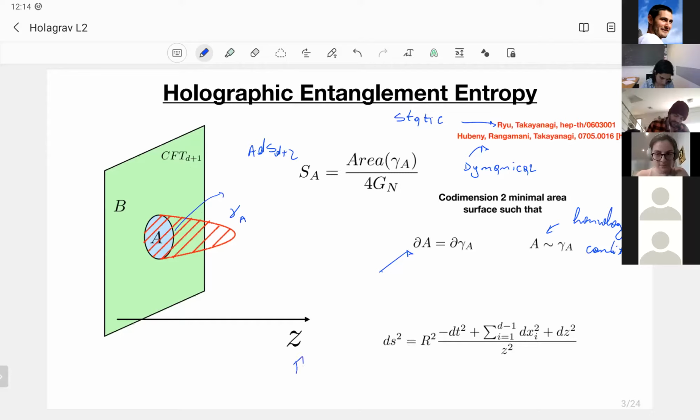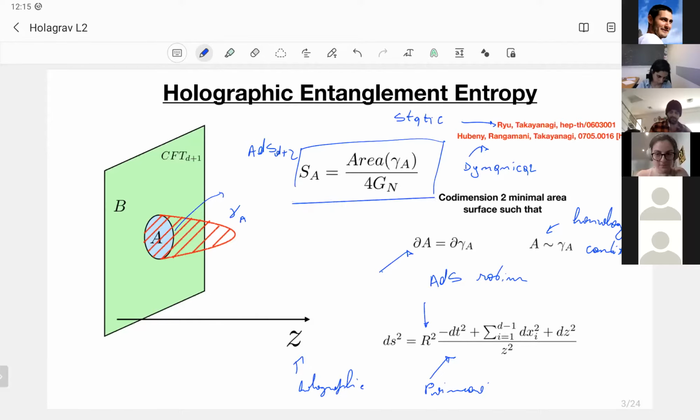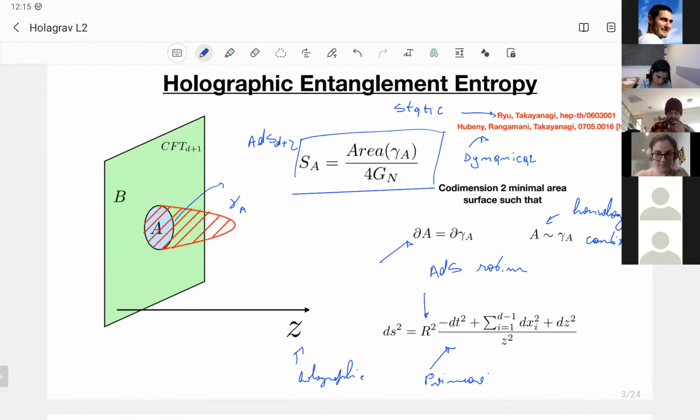This is the holographic coordinate. I'm doing a picture in the Poincaré coordinates, where R is the AdS radius. So this is what they say. This is the equation that you want to know to compute the entanglement entropy in a holographic way.